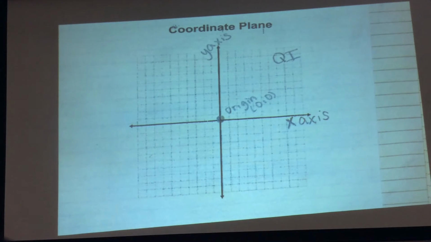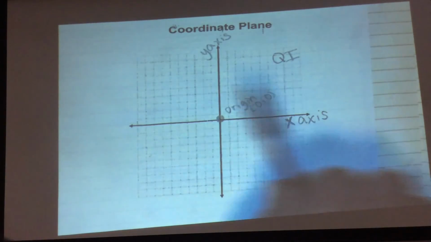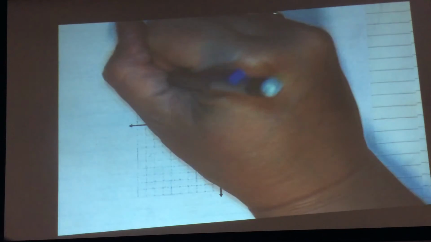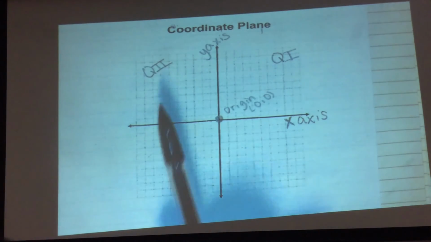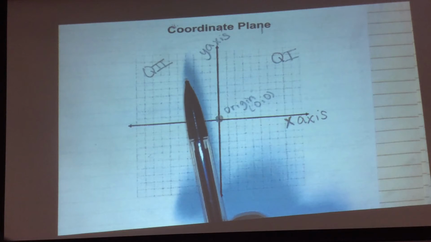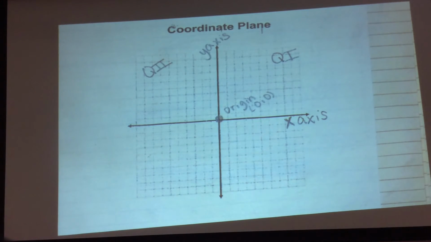Please label this with me. And typically we do things clockwise, right? When we label this we're going counterclockwise. So quadrant 2 is over here. In quadrant 2, your x is negative, your y is positive. Those are Roman numerals.